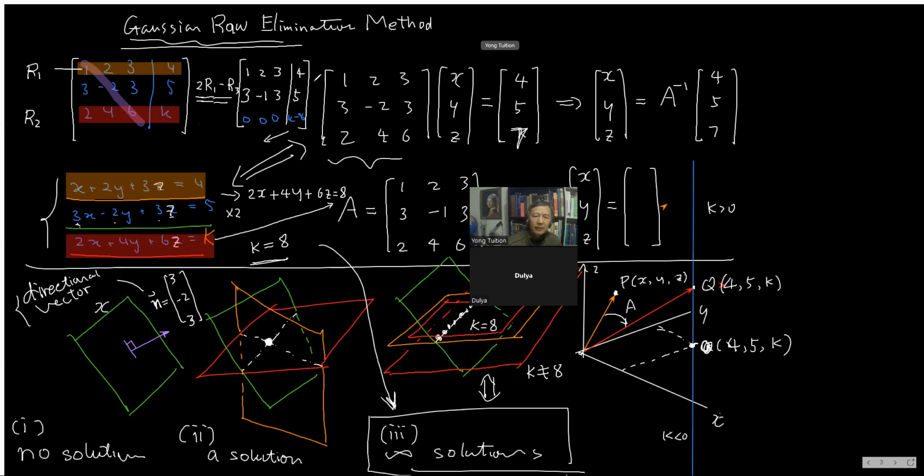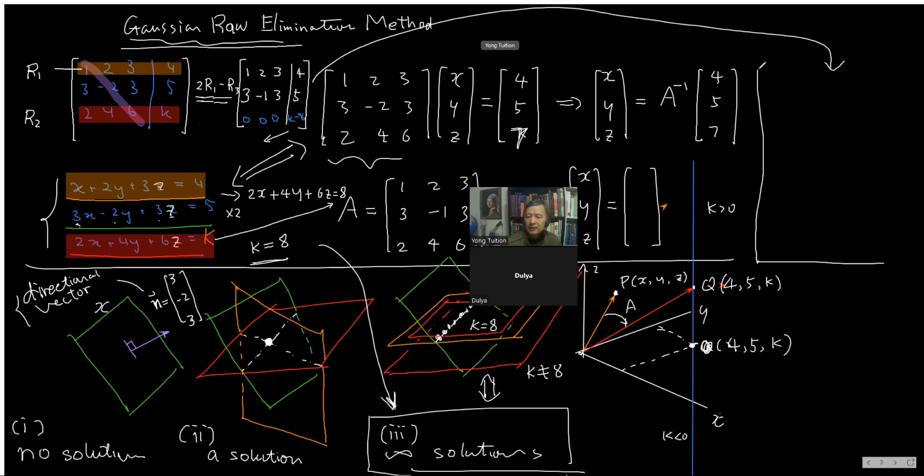If I spend more time to rewrite this as a simultaneous equation, what can we obtain? I can use this space for you. Can you reconstruct the same simultaneous equations based on this result? Because 1, 2, 3, 3, -1, 3, and 0, 0, 0, and that is 4, 5, k take 8.